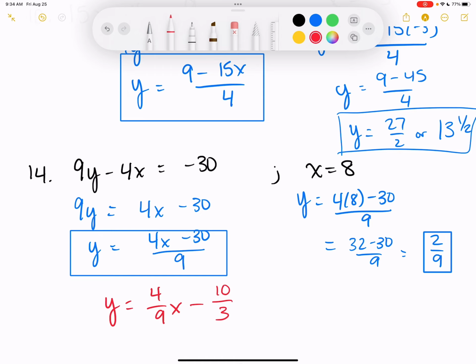They basically did 4x over 9 and then negative 30 over 9, and then they reduced it. So if you're checking your answers and you're like, that's not what I got, odds are that's why. But if you're like, I would rather split it, I'm not going to stop you. Anyways, questions about those?